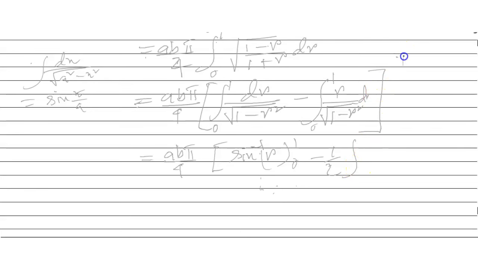Take 1 minus r square is equal to t, so minus 2r dr equals dt. So 2r dr means half into, if I put in here 0, it is 0 to 1, minus minus, it is the changing, and it is dt divided by root t.